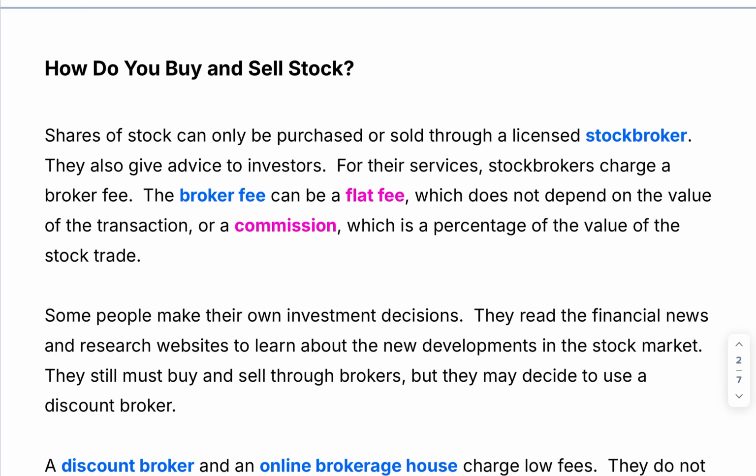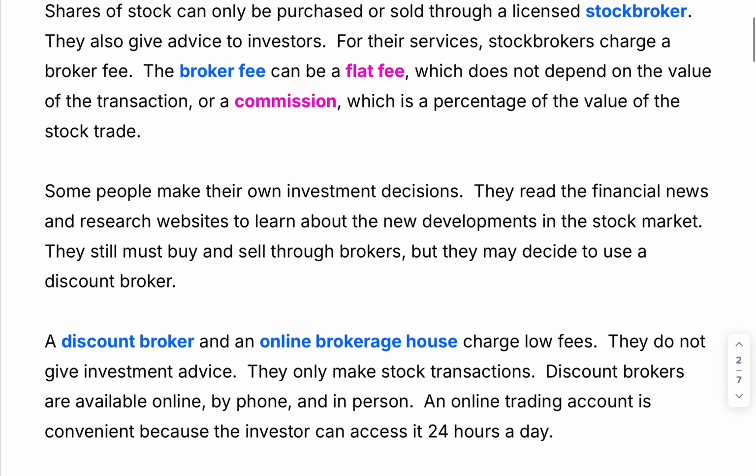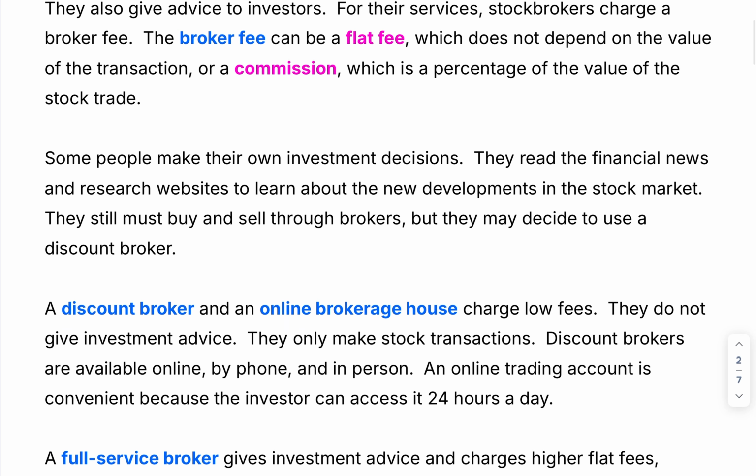So today, and this may include you as well, some people make their own investment decisions instead of relying on a stockbroker. And they do this by doing some research, like reading the financial news, such as the Wall Street Journal, researching websites to learn more about new developments in the stock market.